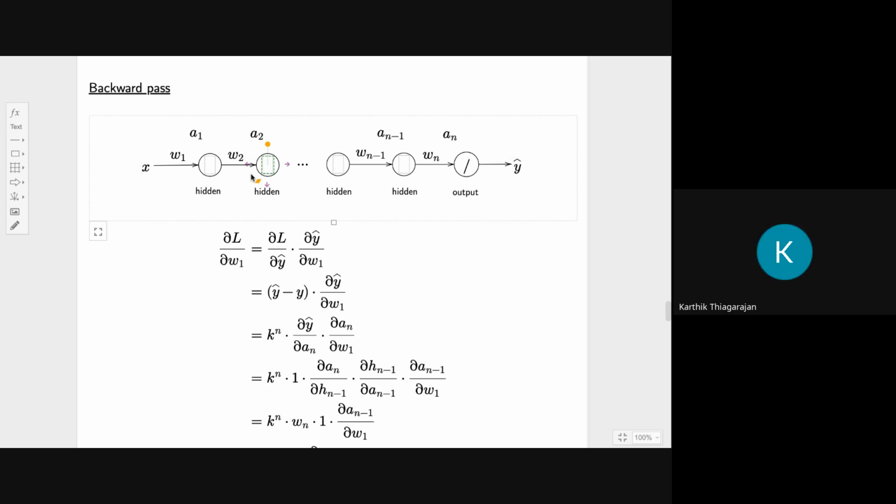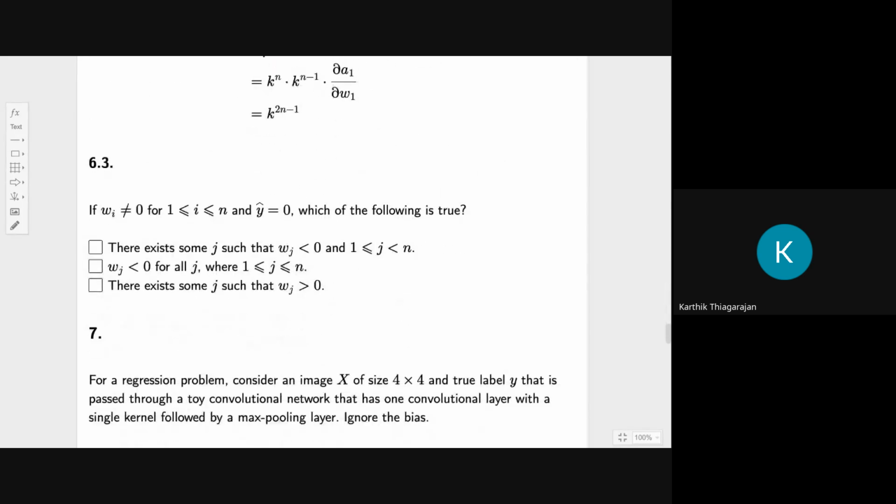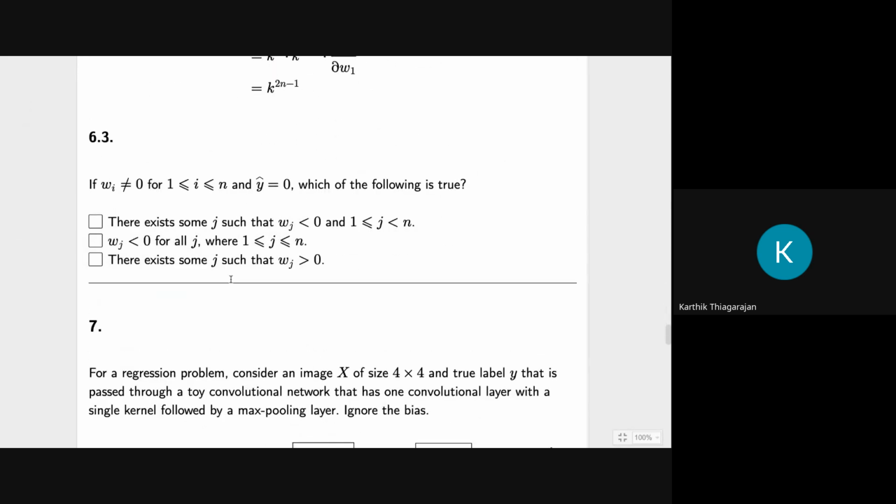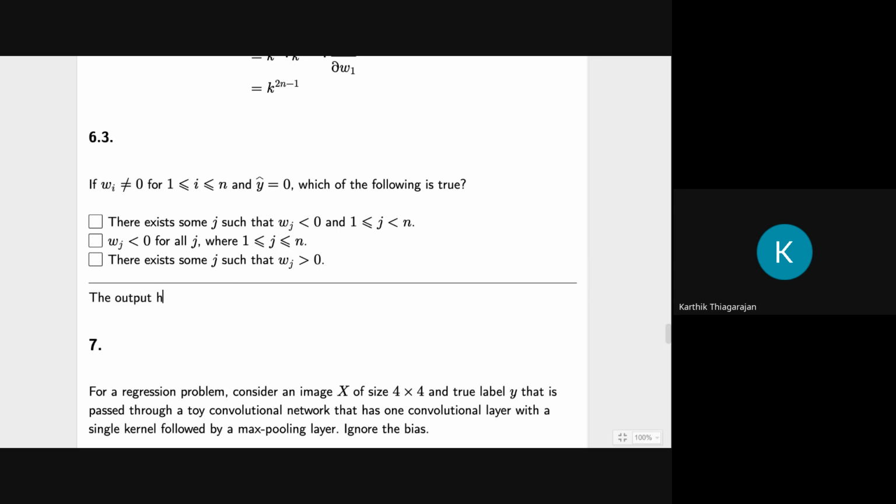Sorry, non-zero. Okay, so this can happen. The output can be 0 only if one of the ReLU neurons outputs 0.